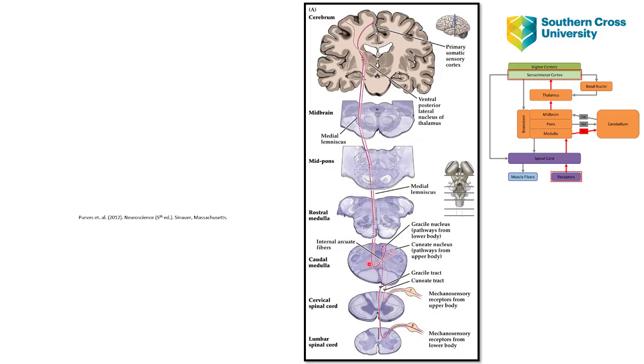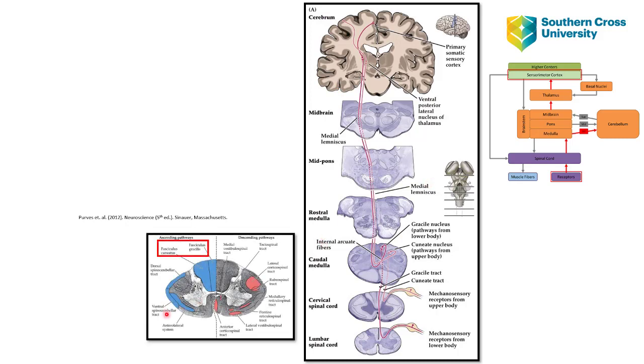Those fibers then join in with our medial lemniscus, travel all the way up to the VPL nucleus of the thalamus, and then out to our primary somatosensory cortex. So those two pathways essentially are the same. They're just split in terms of lower half of the body and upper half of the body.